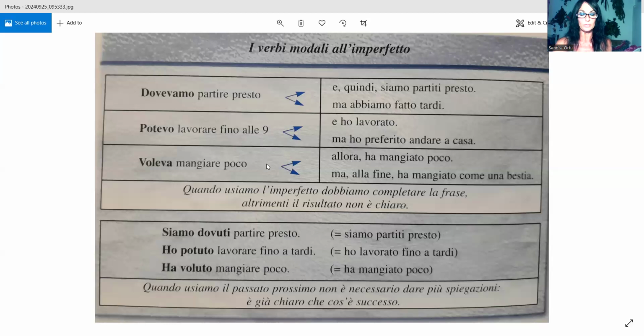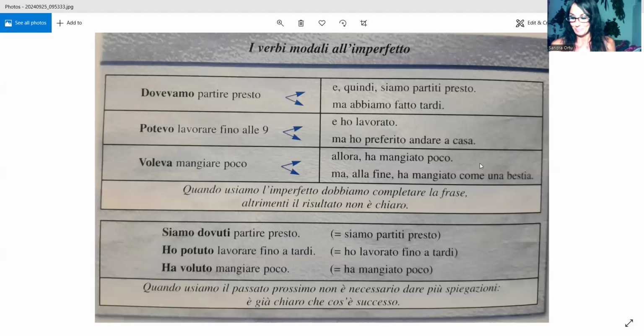Exactly the same with volere. Volere means want, to want. So let's see the two options. "Voleva mangiare poco, allora ha mangiato poco." The other option, "voleva mangiare poco, ma alla fine ha mangiato come una bestia."